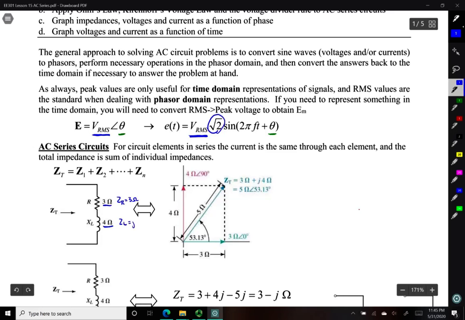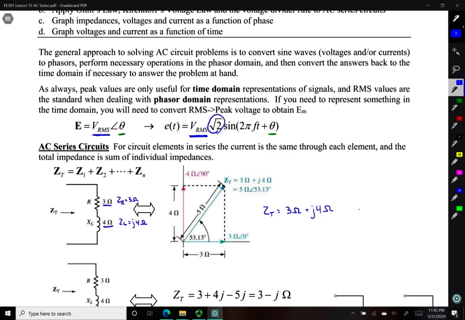And what that really means is just adding the proper J, whether positive or negative, corresponding to inductive or capacitive impedances. So here we go. In this case, Z total is equal to positive 3 ohms plus J 4 ohms.